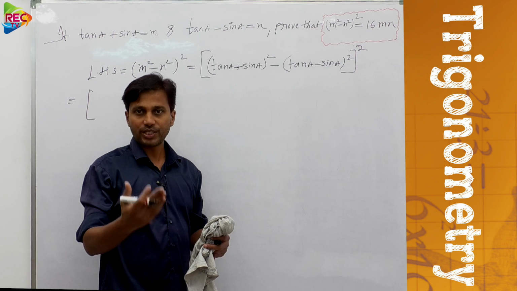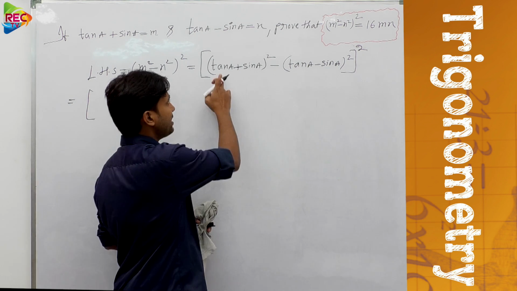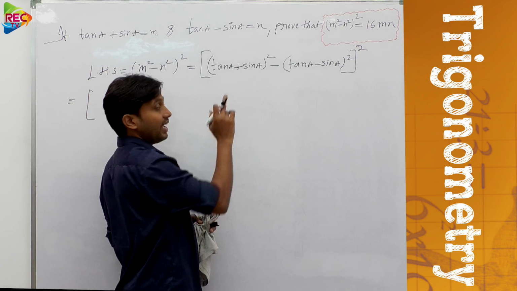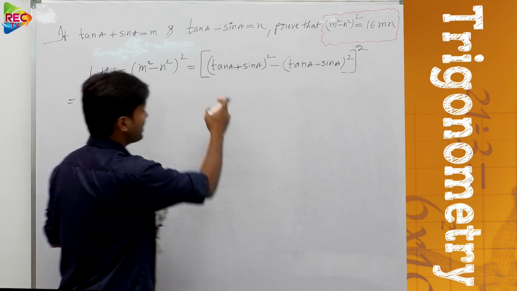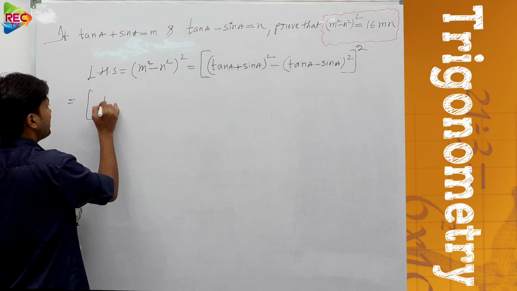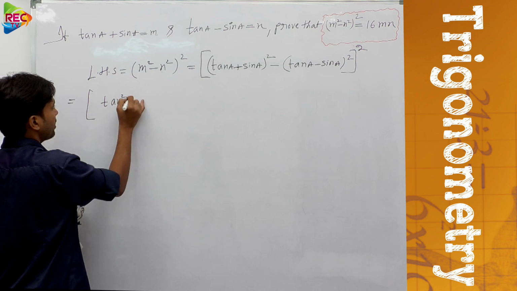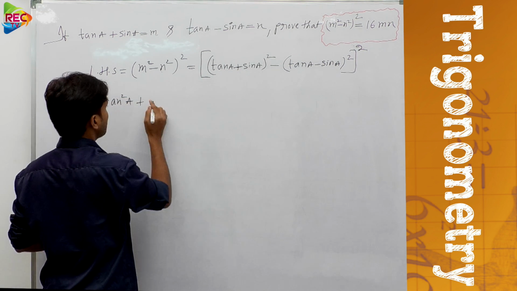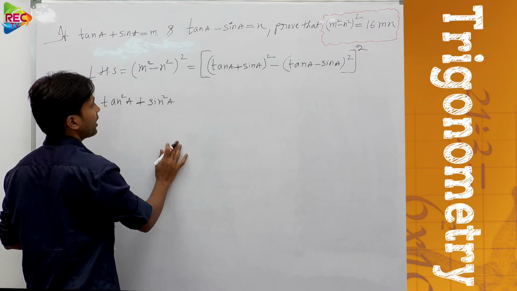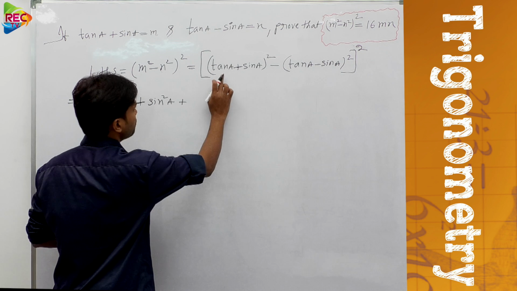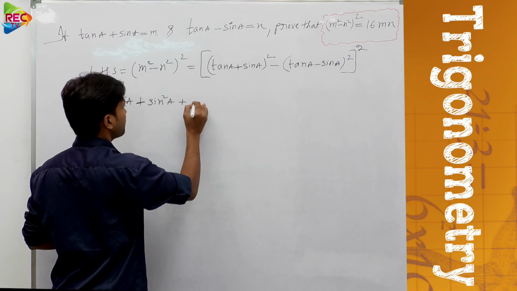A square plus b square plus 2ab. Here we consider tan A as a and sin A as b. So a square is tan square A, plus b square is sin square A, plus 2ab. What is 2ab? 2 tan A sin A.